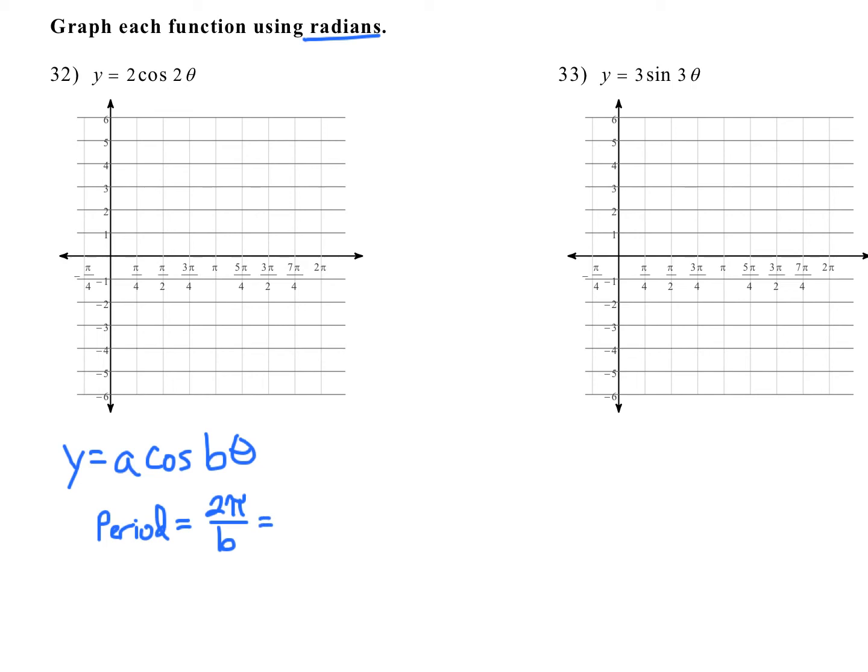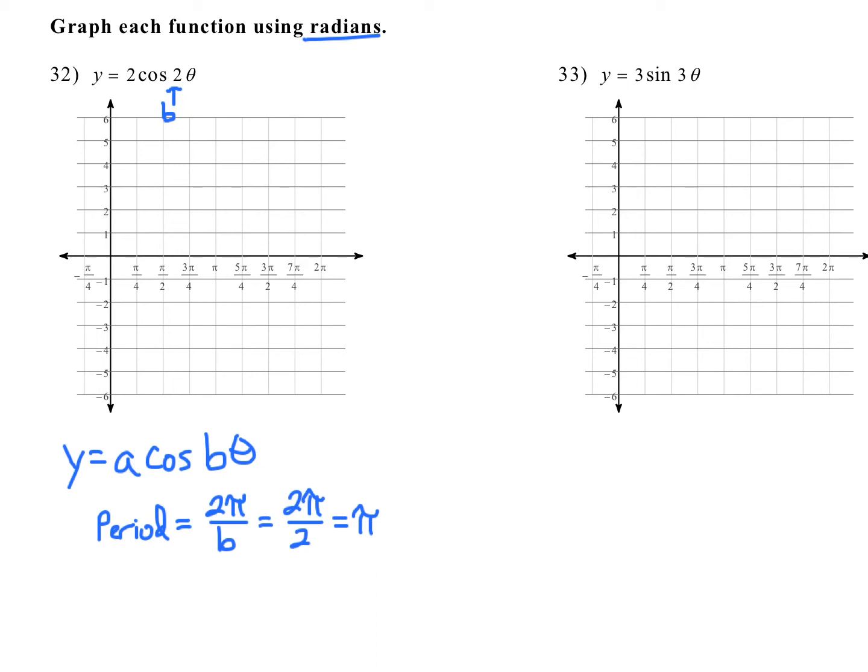So in this case, we take 2 pi and divide by 2, because our b is 2 right here, which is equal to pi. So we have a period of pi. So one full period is pi.